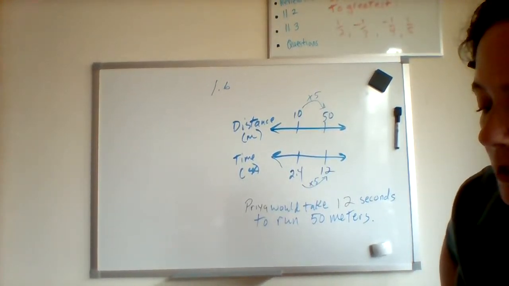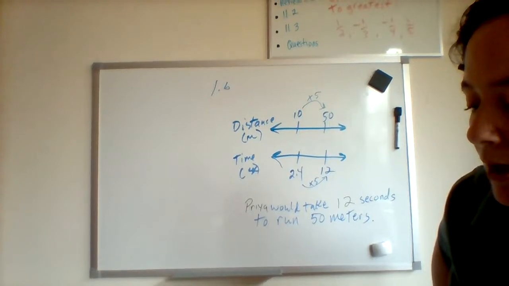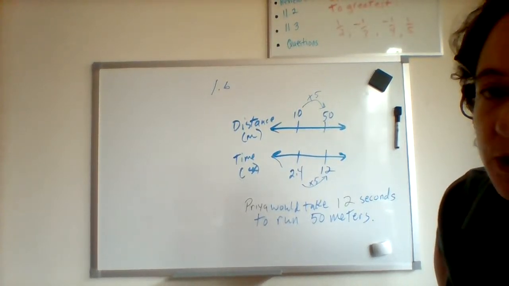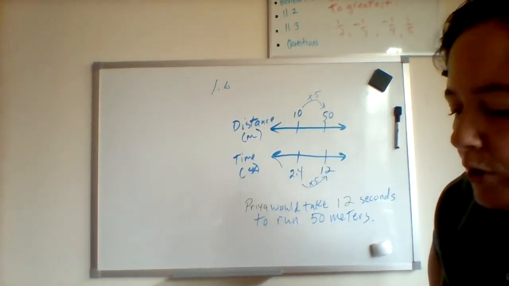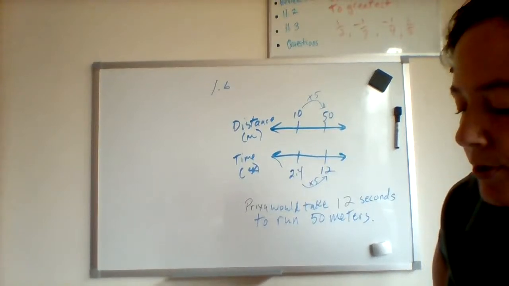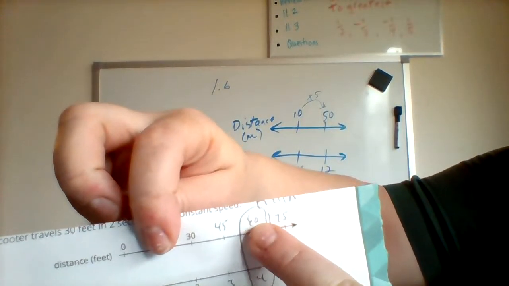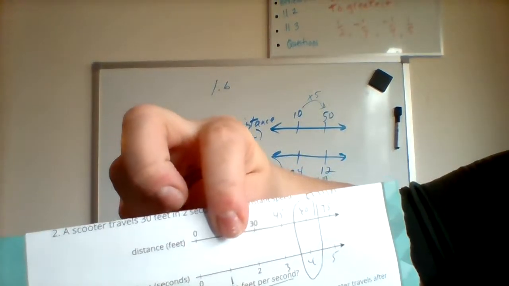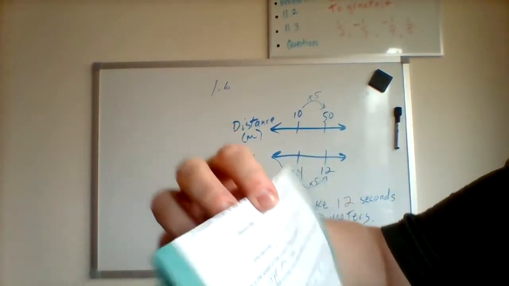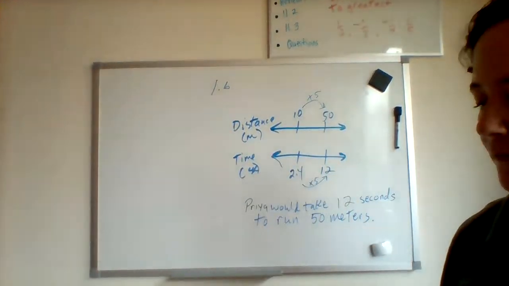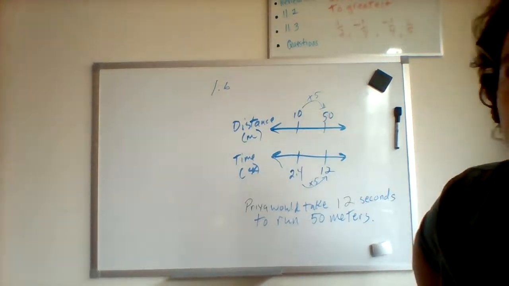But how about part C? Part C, the skateboard is not on the double number line. It's the scooter. The scooter at 4 seconds is going 60 miles per hour, but now we're going to compare it to a skateboard. And the skateboard in 4 seconds only goes 55 feet.